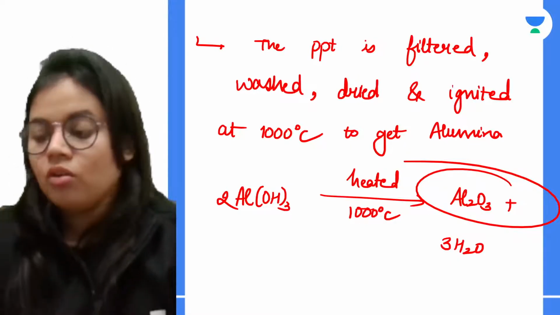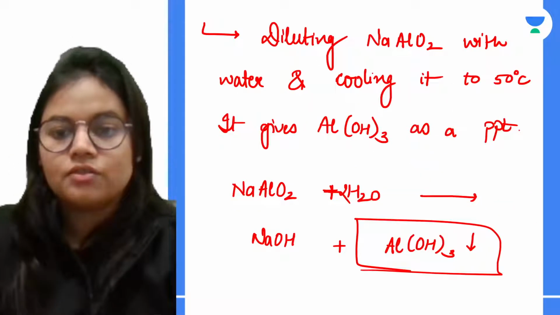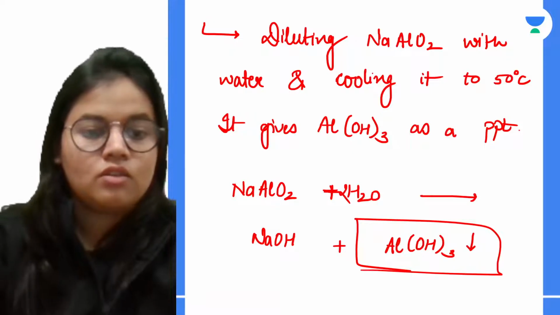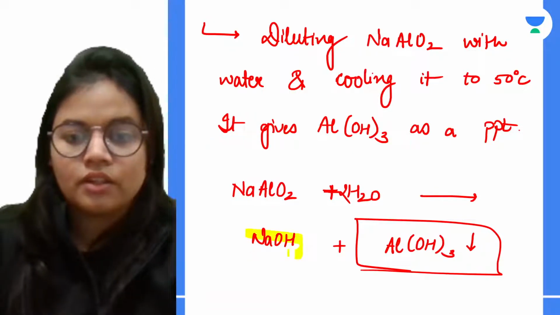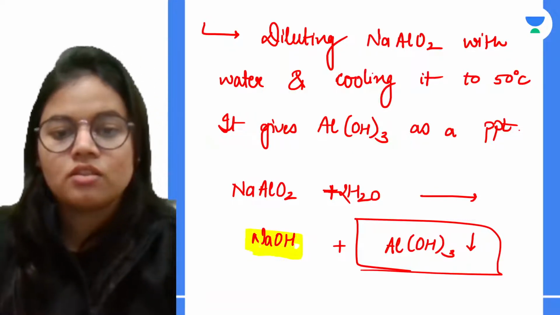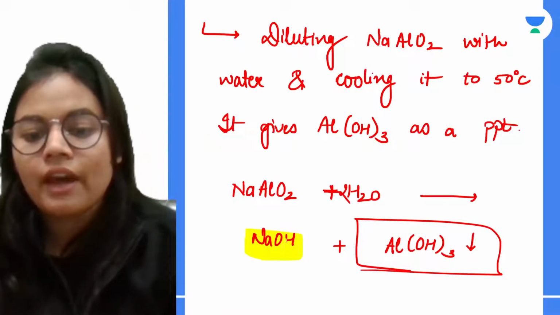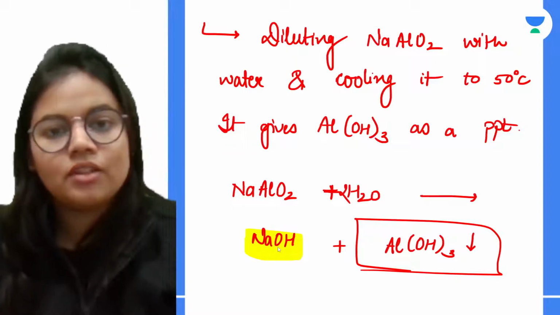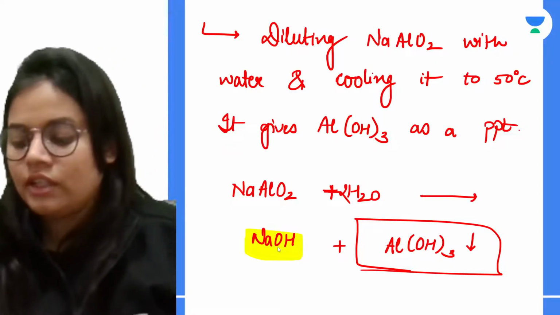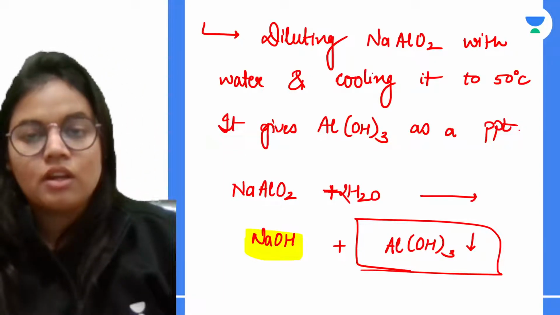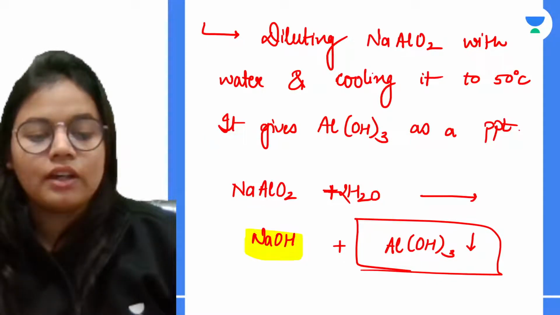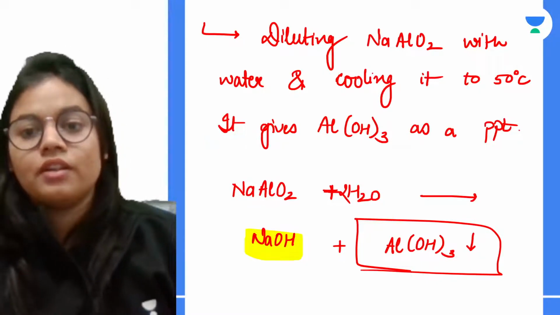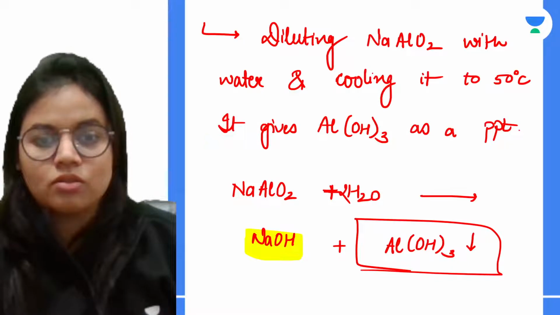Now over here we are also having this filtrate which consists of sodium hydroxide. This is not a waste. This is again used for the previous processes, when we were learning about the leaching process, in which the bauxite was dissolved in sodium hydroxide, caustic soda.